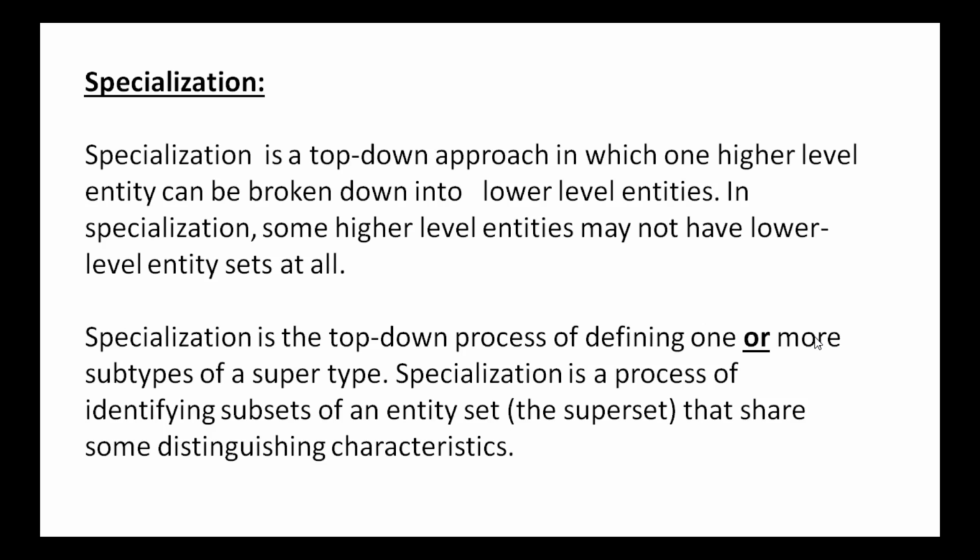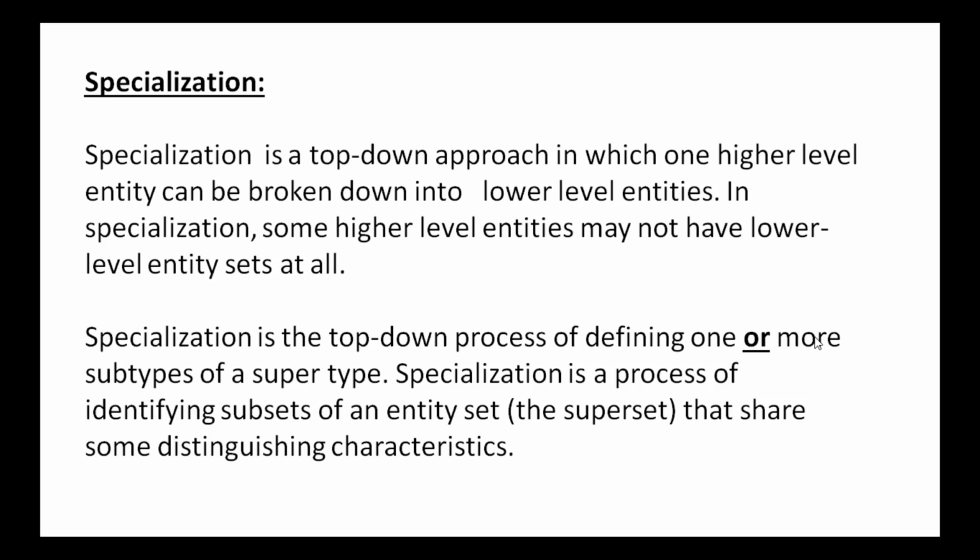That means in the specialization process, first of all, we have to identify the entity supertype. Depending upon the distinguishing characteristics, we have to identify the entity subtypes from that supertype.